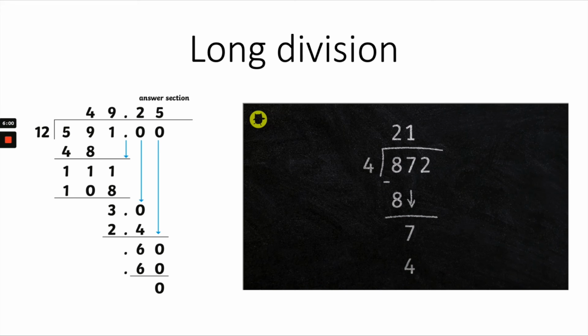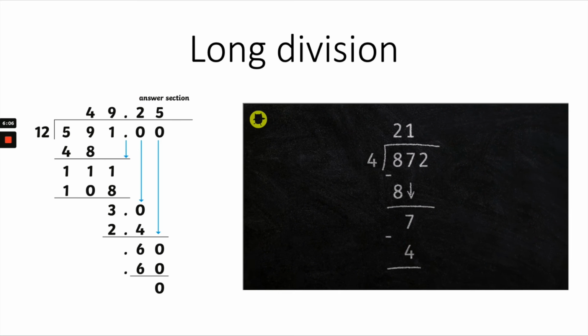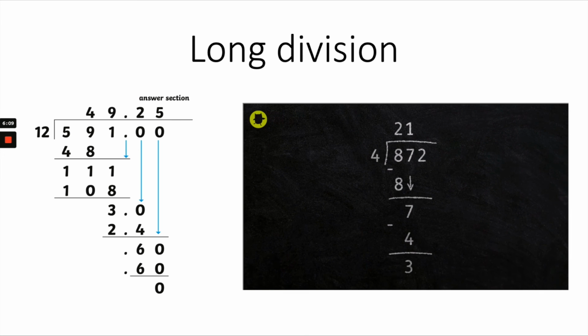Then we ask, what is 7 minus 4? The answer is 3, so we write the 3 at the bottom. Then we look at how many groups of 4 there are in 3. We know the answer is not a whole number, so we bring down the 2.